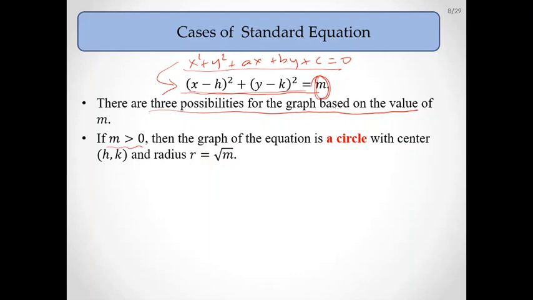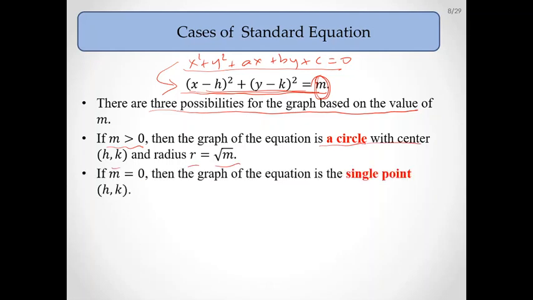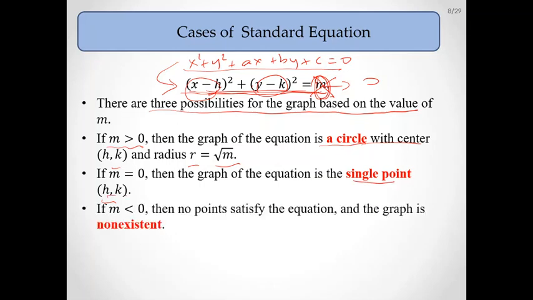If M is bigger than 0, this graph is a circle with center (h, k), and the radius will be the square root of M. And if M is 0, what makes it 0? If y is equal to k and x is equal to h, the only x and y values satisfying this equality are just (h, k), so it gives a single point.